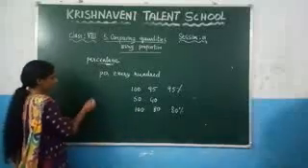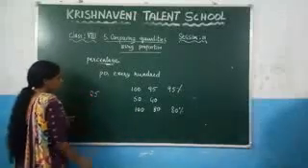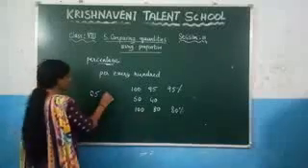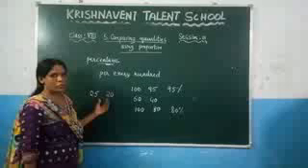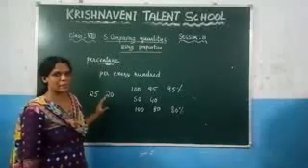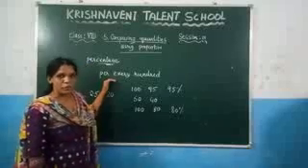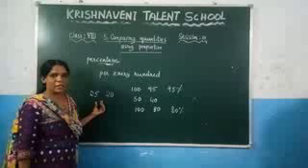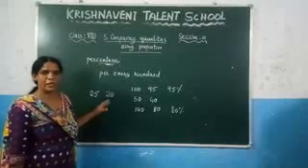Let us consider one more example. Suppose one exam is conducted for 25 marks and he got 20 marks. If you want to find the percentage, how do you find it? Percentage means for every 100 you need to calculate. So if you want to get 100, which number do you need to multiply with? 4.